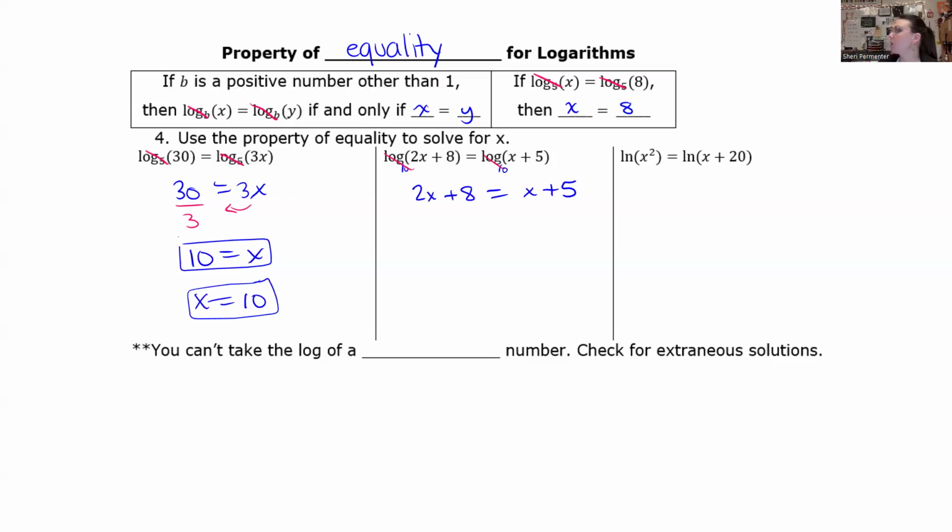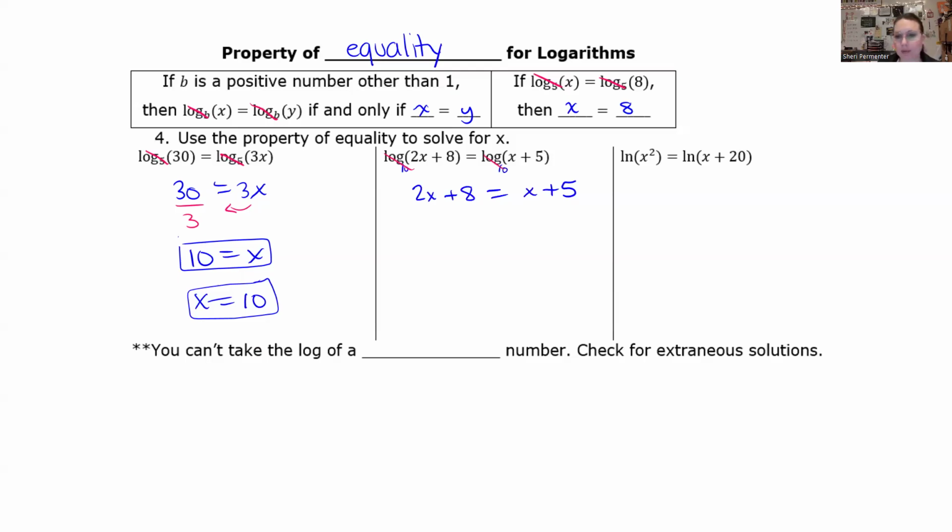Here's another problem where we have x's on both sides. I have 1x and I have 2x. Which one's bigger? 2. So 2 is bigger, so I'm going to move the x's to that side and the numbers to the other, and I'm going to do that in one step.